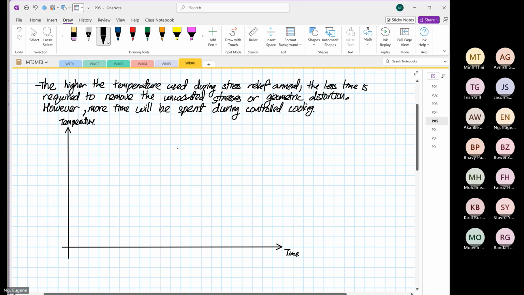Dependent on the size of the material we have, this is the cooling path.